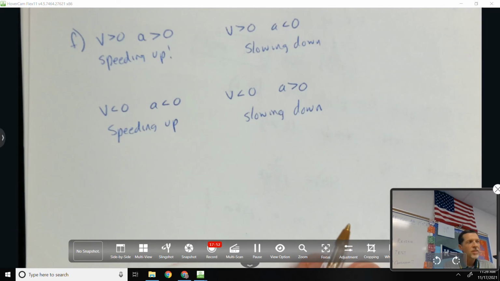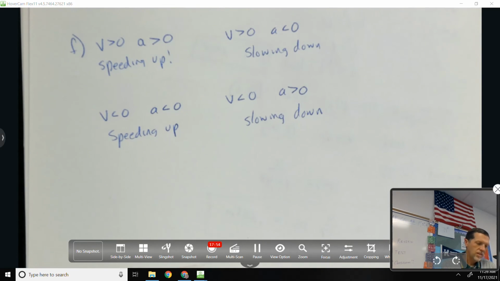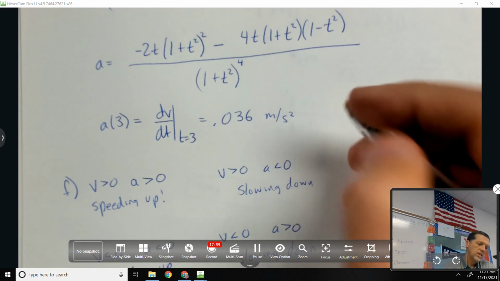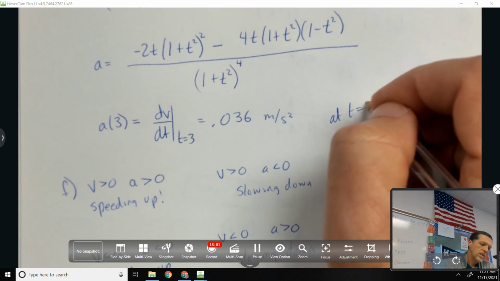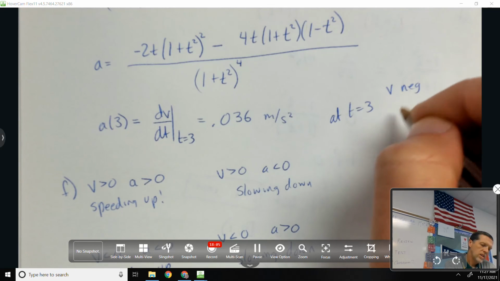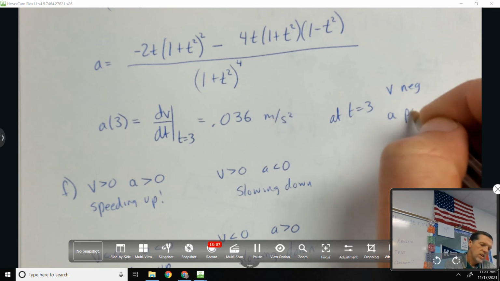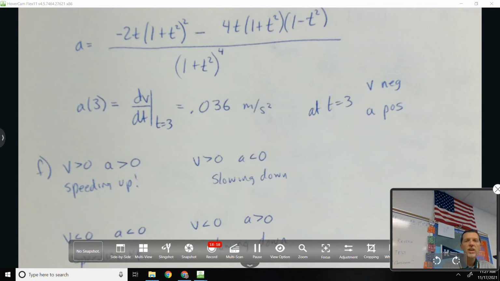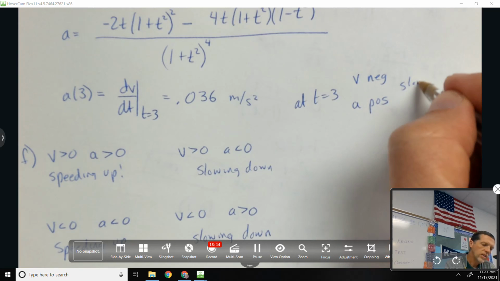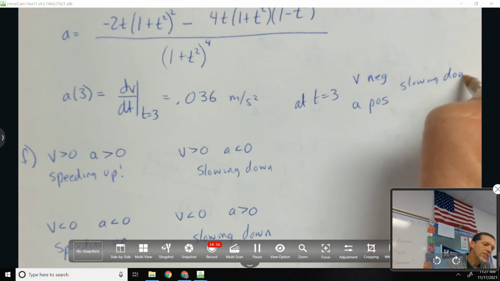T equals 3 seems weird, but that's a good example. If you go back to the graph, T is 3, and velocity is negative, but when we took the derivative, it's positive. So what's happening? Oh, we are slowing down. And I think we can see that in the graph.